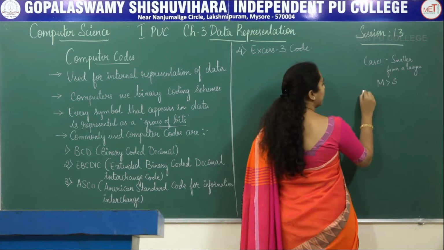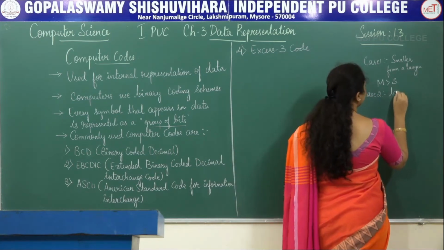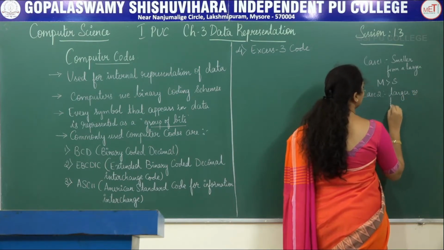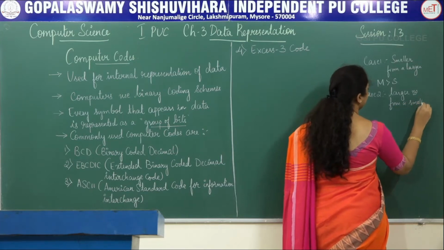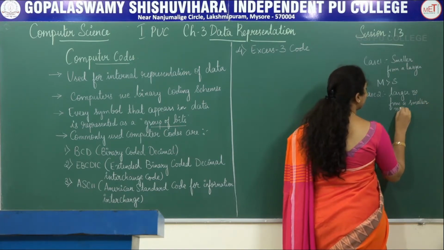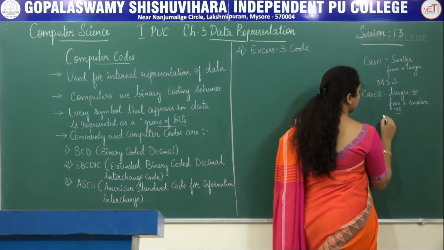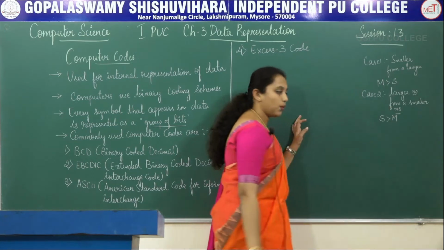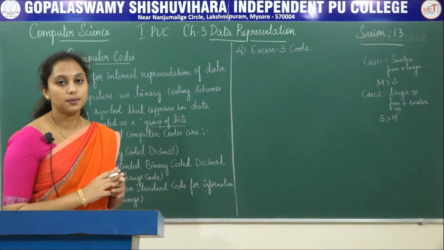When it comes to case 2, subtracting a larger number from a smaller number, the subtrahend is greater than the minuend.